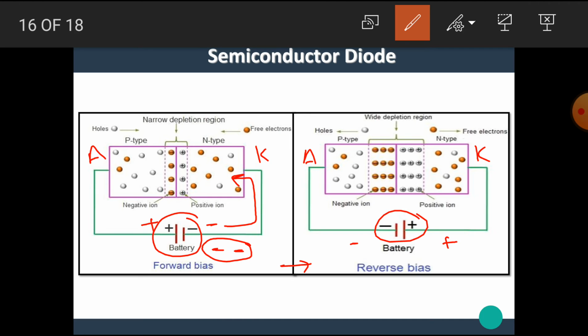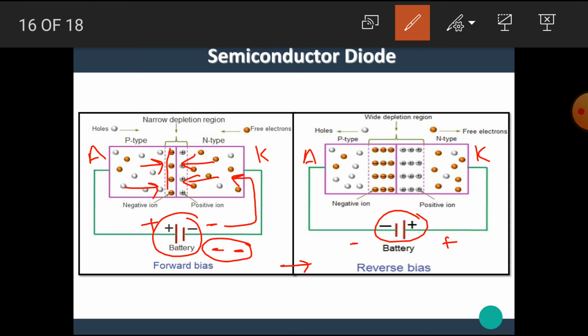We know that a negative-negative combination means there is a repulsion of charges. That means these electrons are repelled by the negative terminal of the battery towards the junction. Similarly, holes are repelled by the positive terminal of the battery towards the junction.